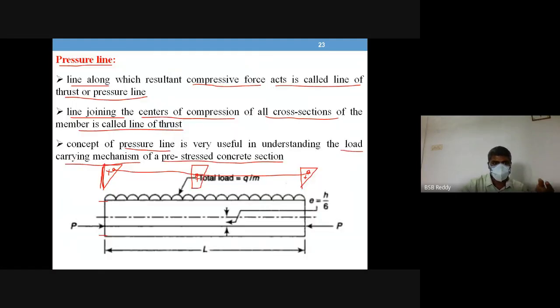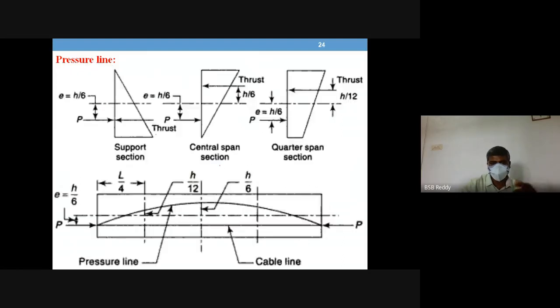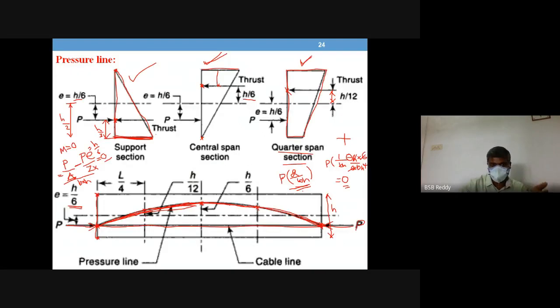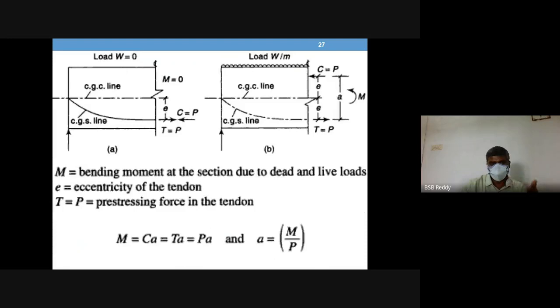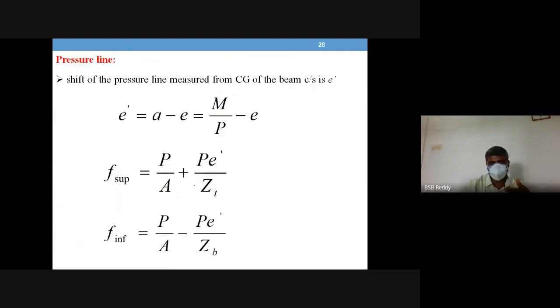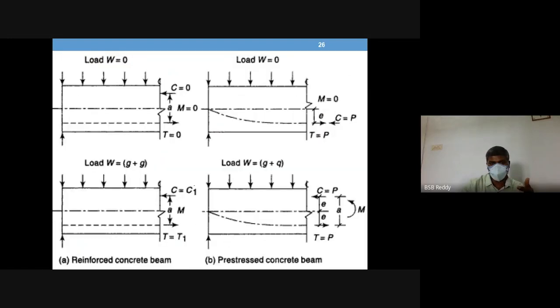We saw what a C line or pressure line is, how it is useful, how you draw a C line for a given cross section, and the difference in load carrying mechanism between RCC and pre-stressed concrete. We'll continue this discussion further with diagrams. Okay, right.